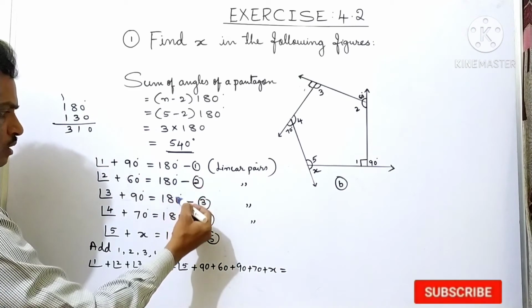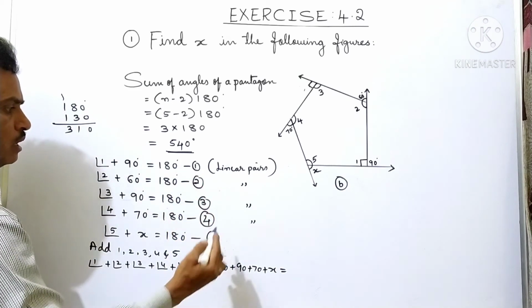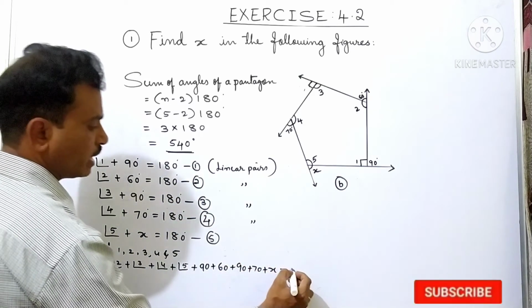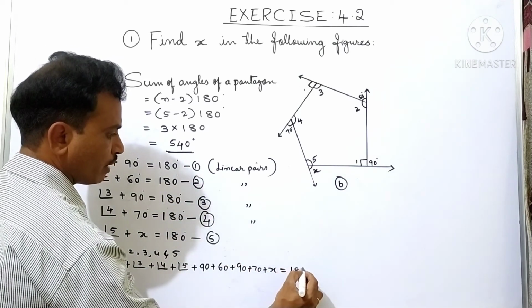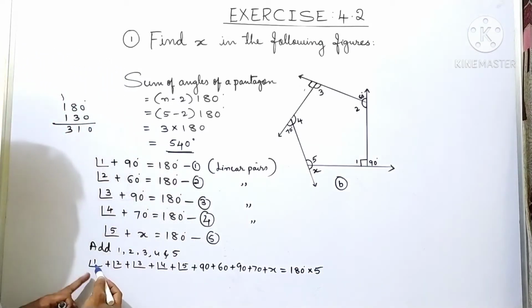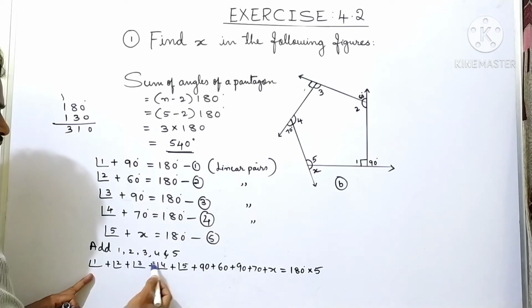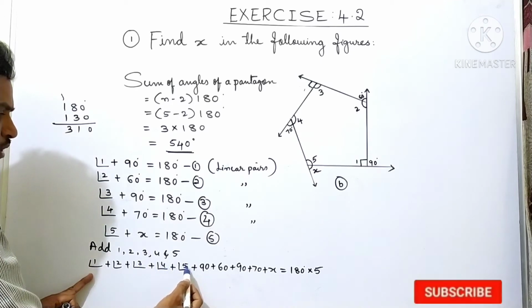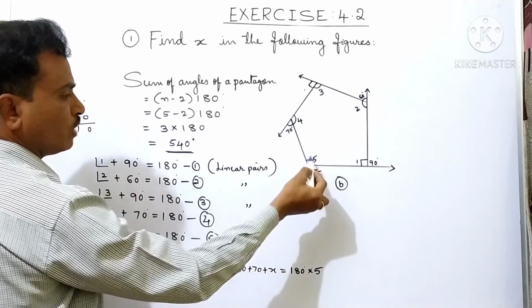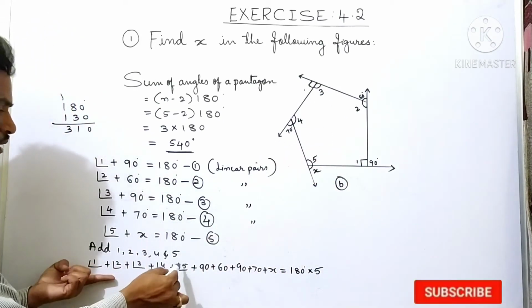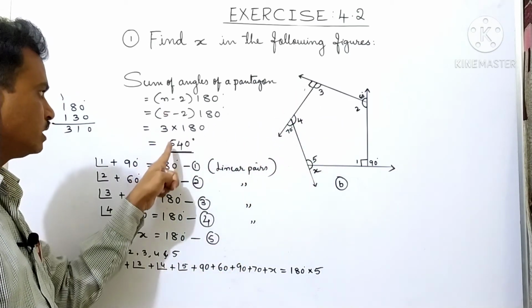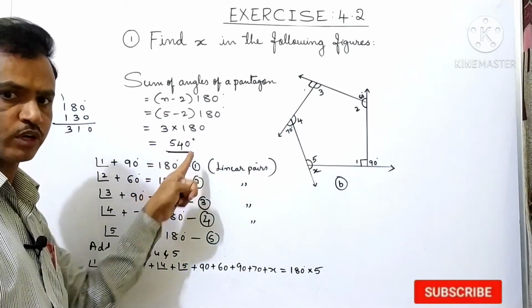now 180 how many times? 5 times. Instead of writing 180 plus 180, we can take 180 into 5. Now angle 1 plus angle 2 plus angle 3 plus angle 4 plus angle 5, all these 5 interior angles of a pentagon, that is equal to 540 degree.